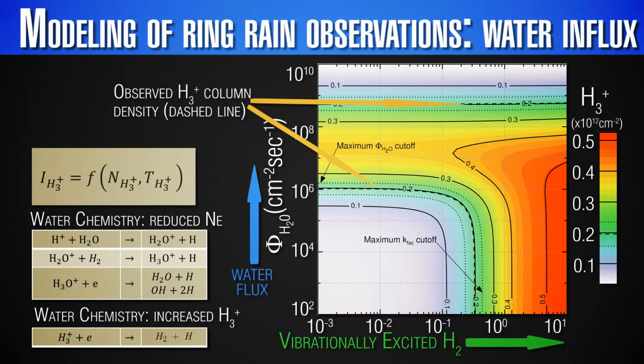And then we can compare the model calculations with the observed densities, and we can find families of solutions of combinations of different model parameters that would reproduce the observations. Or, in other words, we can figure out what the water flux is from the rings to the atmosphere. So we can use the modeled H3+ density and compare it with the observed H3+ density. And that tells us what the water influx is, or another way to explain it is that tells us what the mass loss is from the rings.